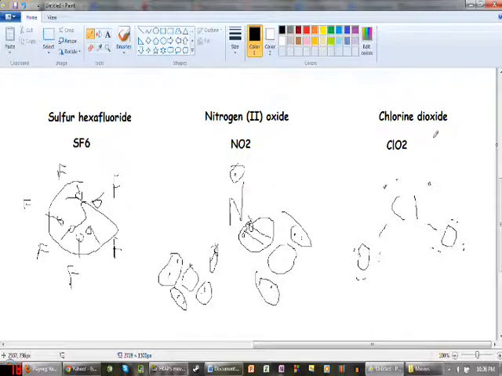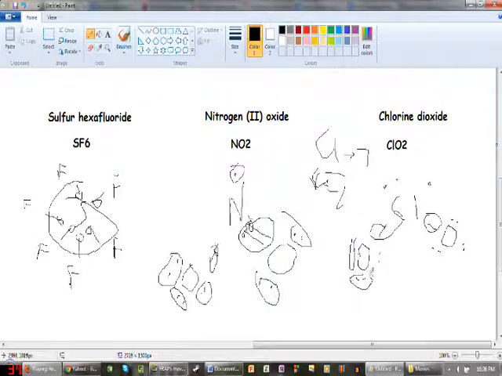And then here with chlorine dioxide, ClO2, chlorine forms one bond here with oxygen, because chlorine has 7 valence electrons, and then oxygen has 6, so 3 lone pairs again.